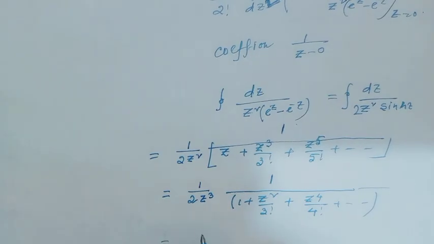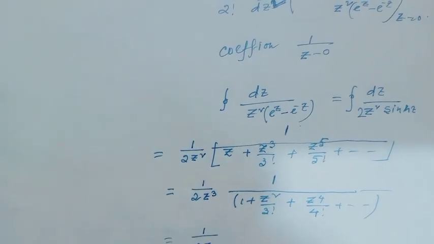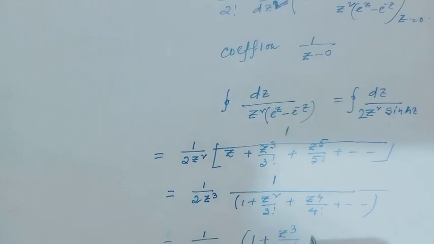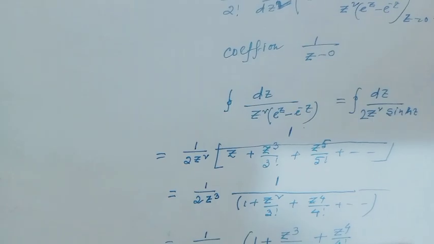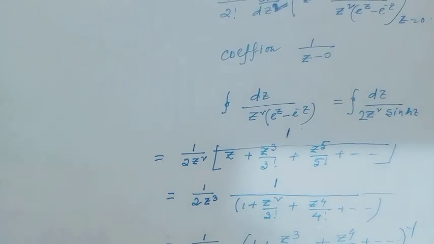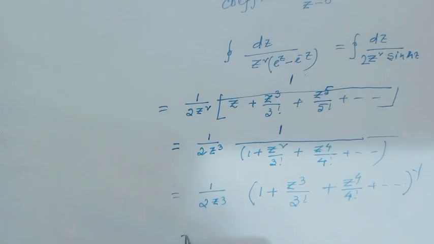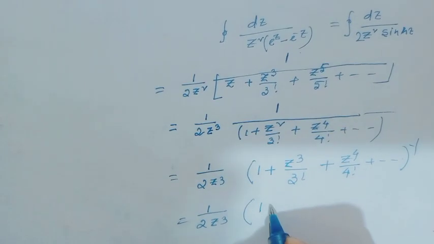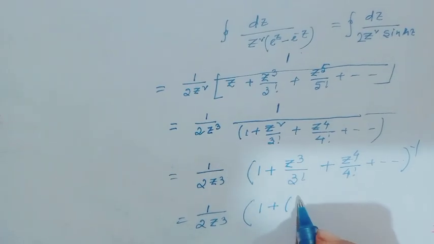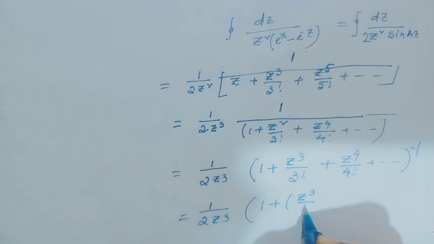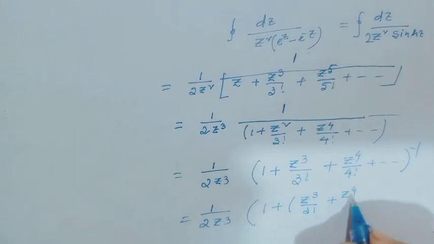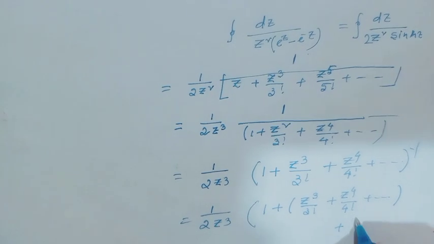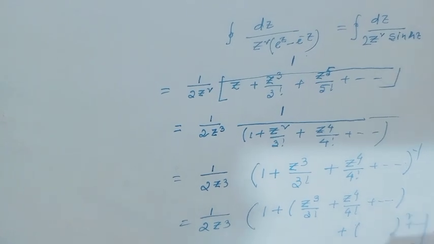We can write this as 1 over 2z cubed times (1 plus z squared over 3 factorial plus z to the power 4 over 5 factorial) to the power of inverse, and this value is equal to 1 over 2z cubed times (1 minus (z squared over 3 factorial plus z to the power 4 over 5 factorial, and so on) plus this part whole squared plus so on).